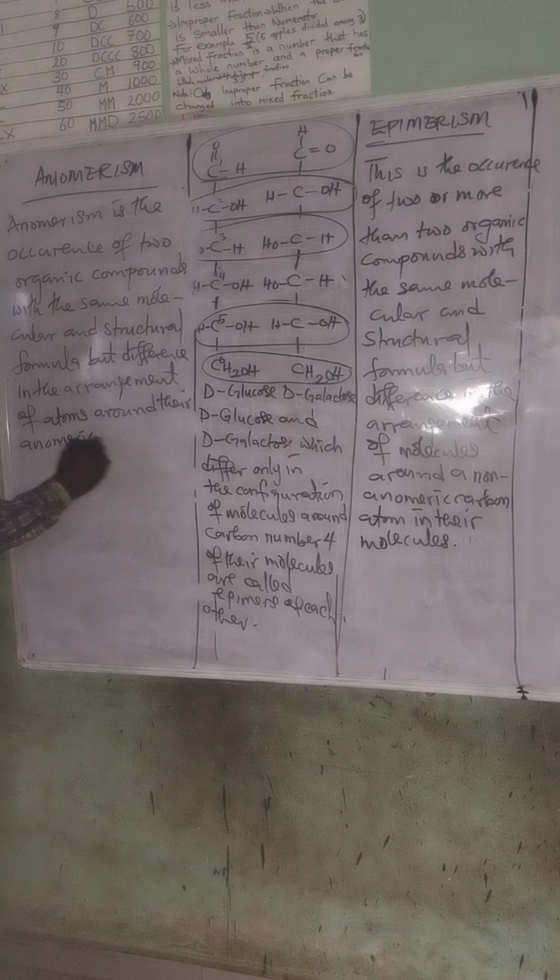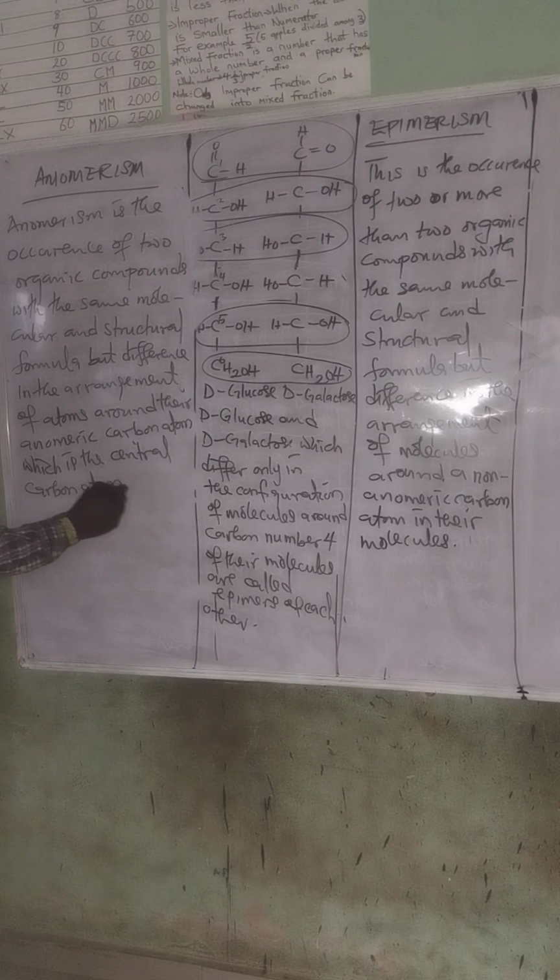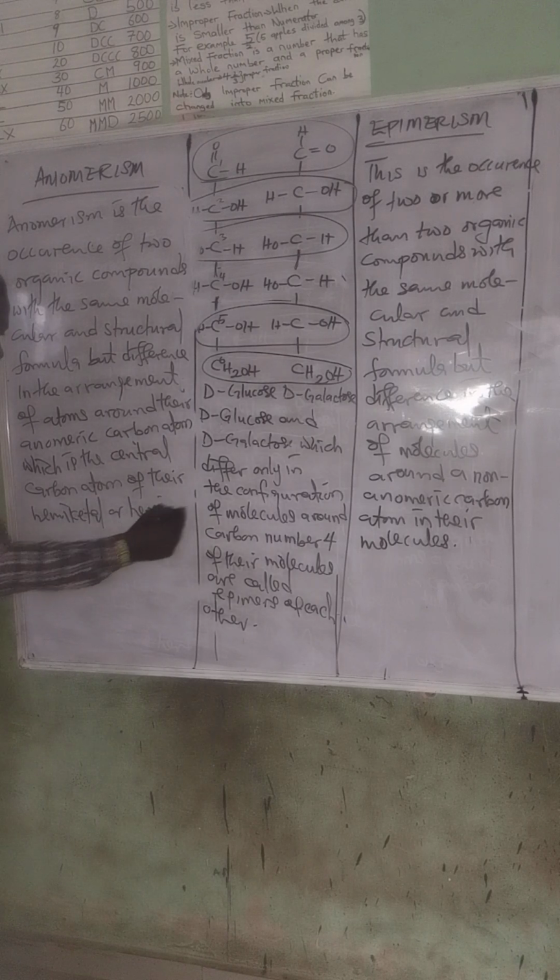You can see the difference between anomeric carbon atoms. What is an anomeric carbon atom? It is the central carbon atom of their hemiketal or hemiacetal group.